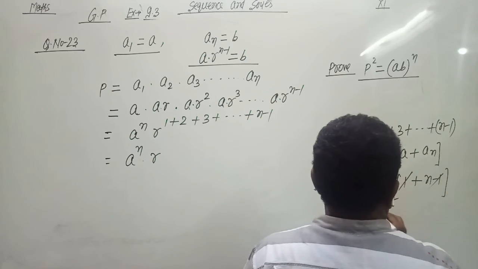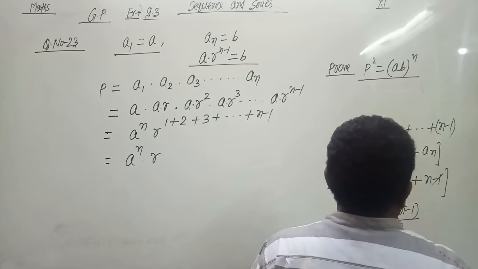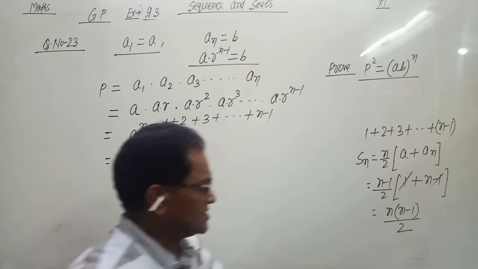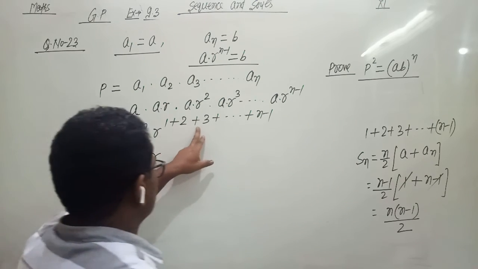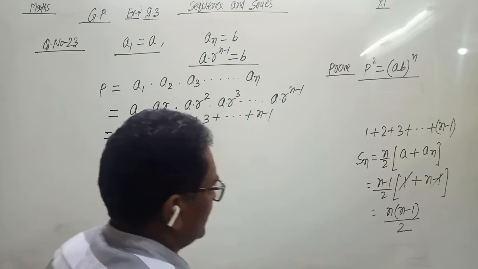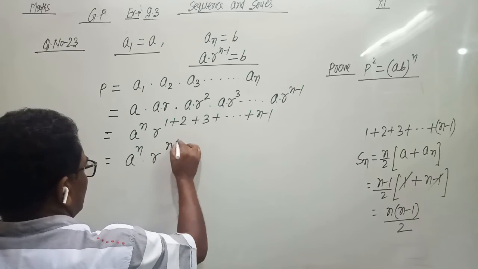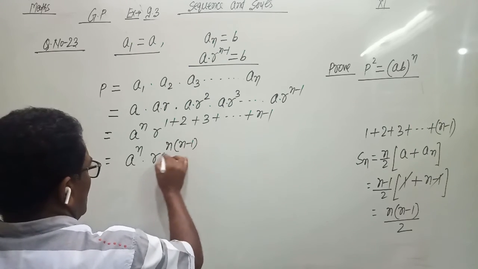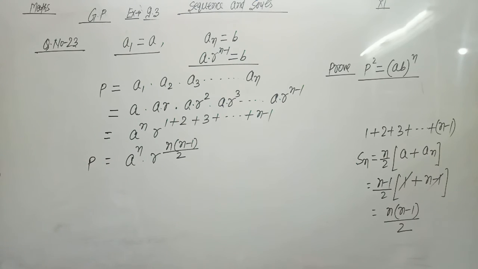Plus 1 and minus 1 cancel, and we get n into n minus 1 by 2. So the sum comes to be n into n minus 1 upon 2. So in place of 1 plus 2 plus 3 plus up to n minus 1, we can write n into n minus 1 upon 2. This is the value of p.